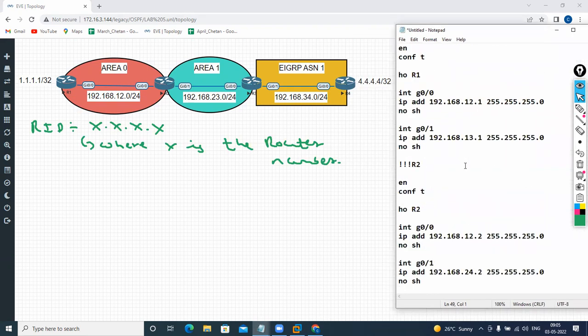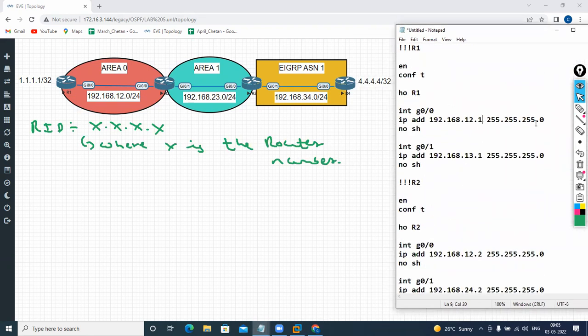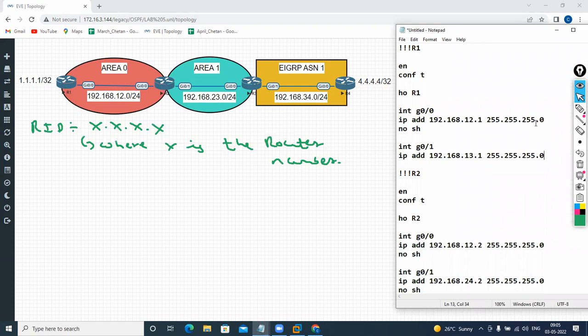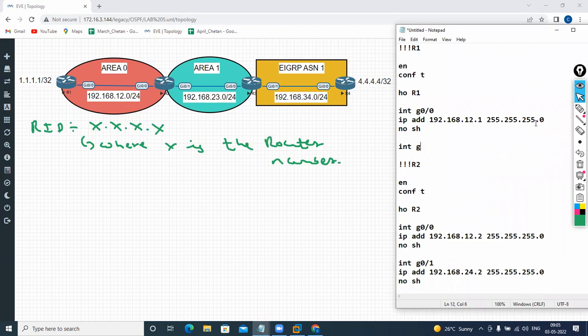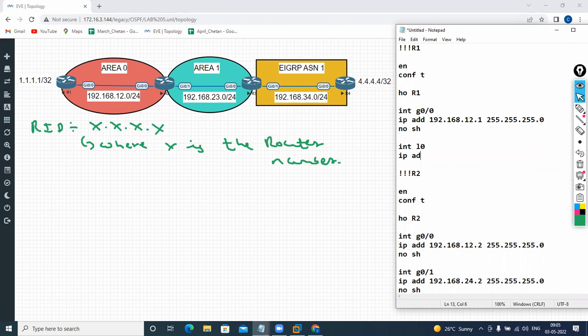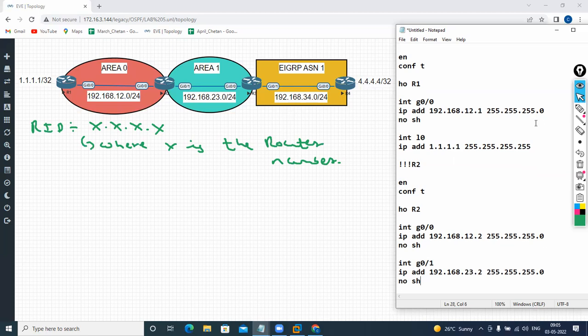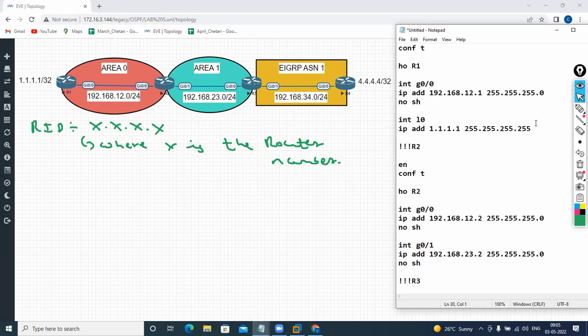Okay. So let's create the IP addresses on the notepad. So in R1 it will be 192.168.12.1, and we have a loopback, /32. So on R2, G0/0 will be 192.168.12.2 and G0/1 will be 192.168.23.2.